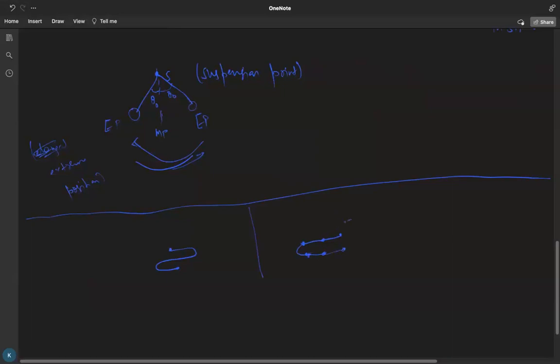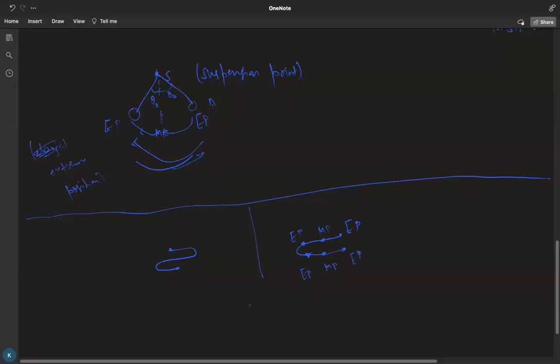If I draw it there, this is our extreme position and this is our mean position. It goes first from elongated position to mean position, if I release it from point A, then mean position to elongated position, and then returns back, EP to MP, and then MP to EP.